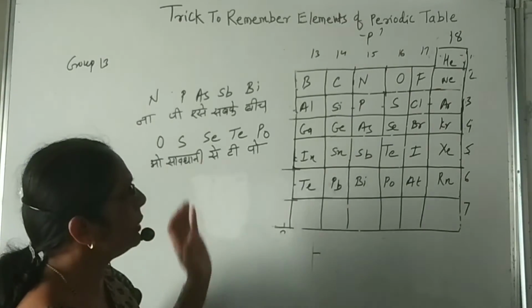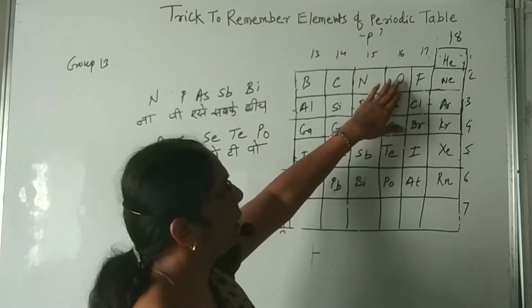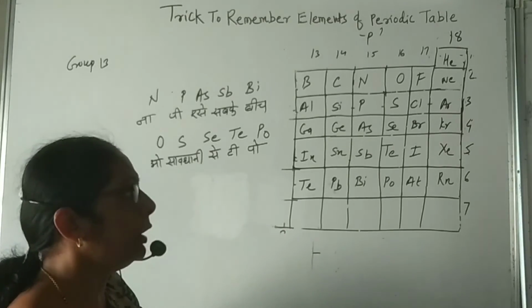TPO is a Punjabi word for when you write or copy something. So O Savdhani Se TPO. If you remember this word, it's possible to write the group 16 elements.